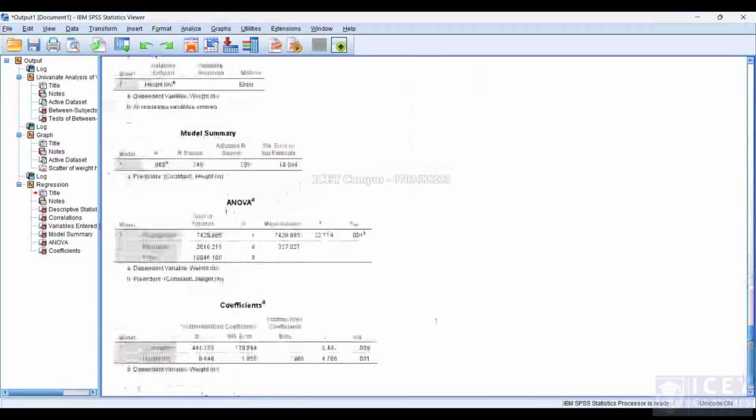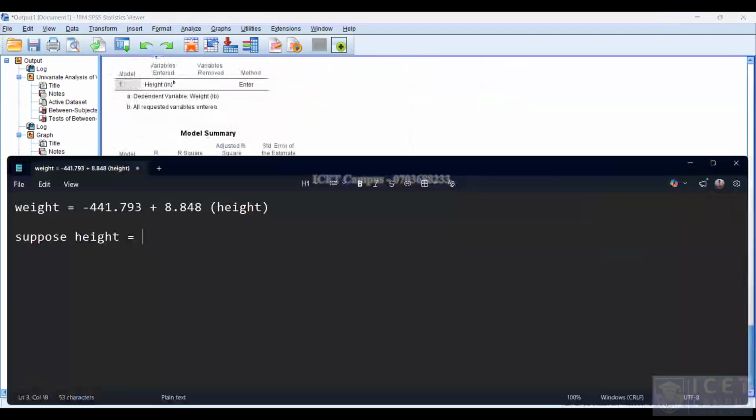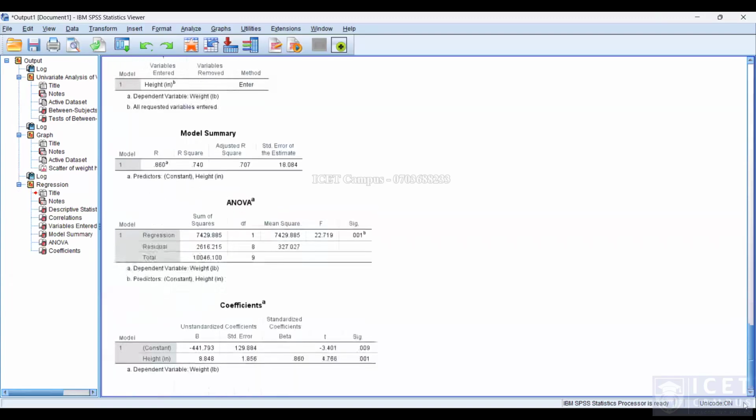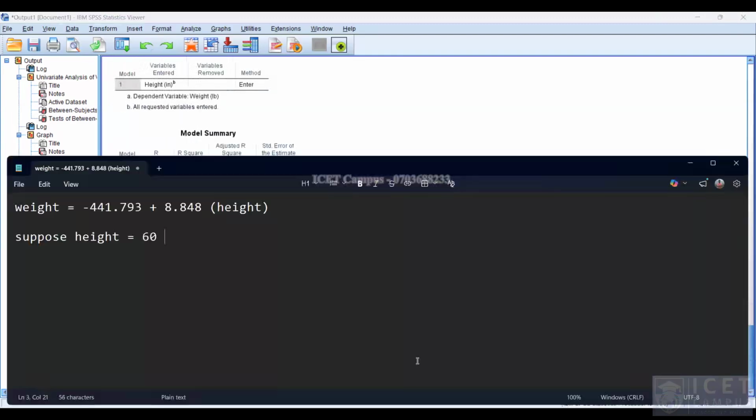So I will take the height as 150 centimeters. So if that height is 150 inches, sorry, 150 inches or centimeters, I don't know what is given there. Sorry, inches, 69. So I will take the height as 60 inches, right? Then we can calculate the weight of that person.